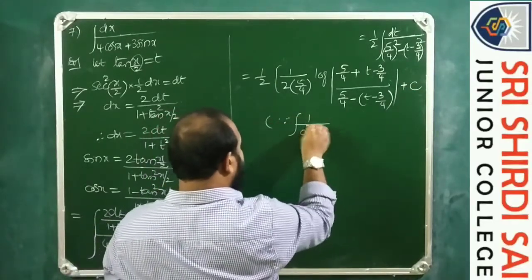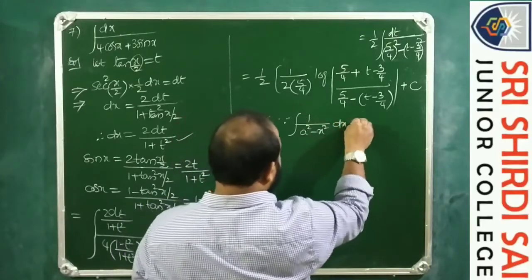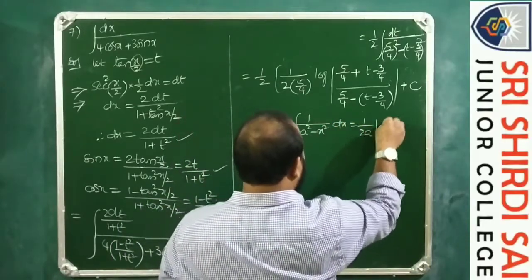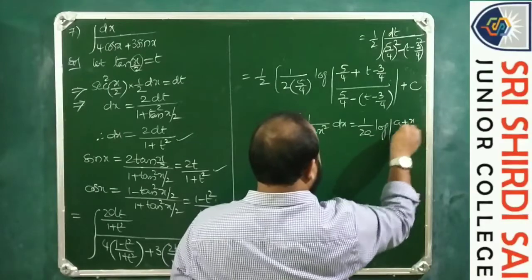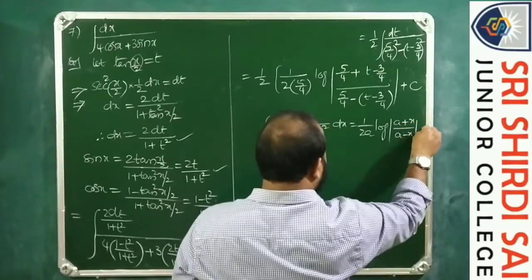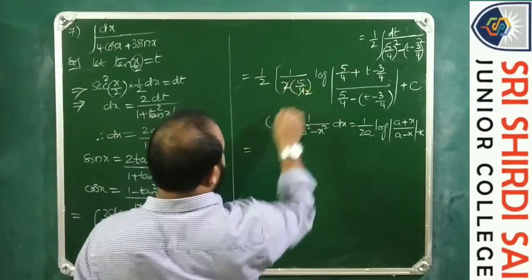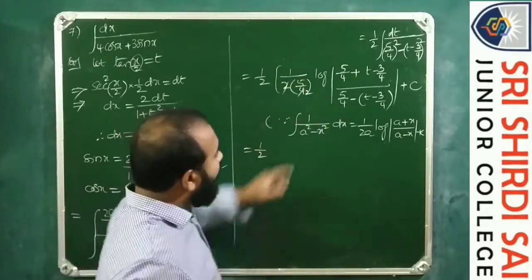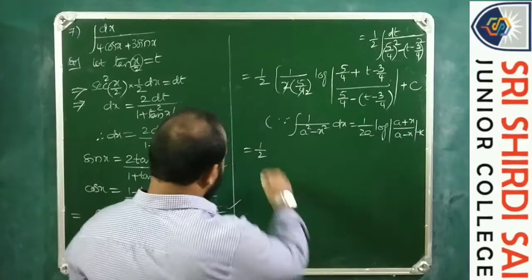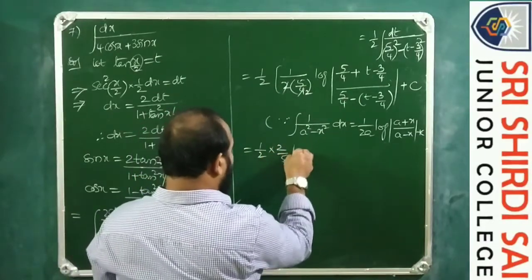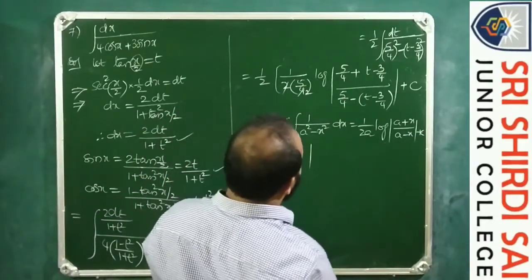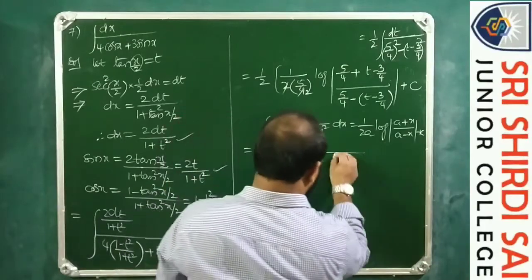Since integral 1 by a square minus x square dx is 1 by 2a log mod a plus x by a minus x plus constant of integration c. So this is 2 times 1 by 2 into 1 by 5 by 2 is reverse, 2 by 5 log. So here LCM is 4.